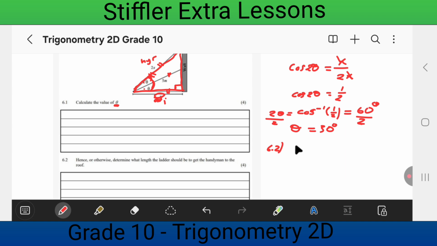So let's see how we can deal with this one. So again, we know that our cos of theta is equivalent to adjacent over the hypotenuse, right? And our adjacent is x and the hypotenuse is 5 meters, right? But what is the value of our theta?